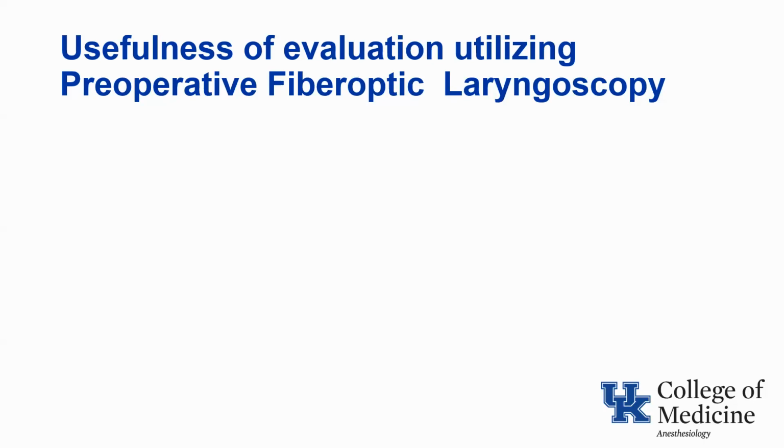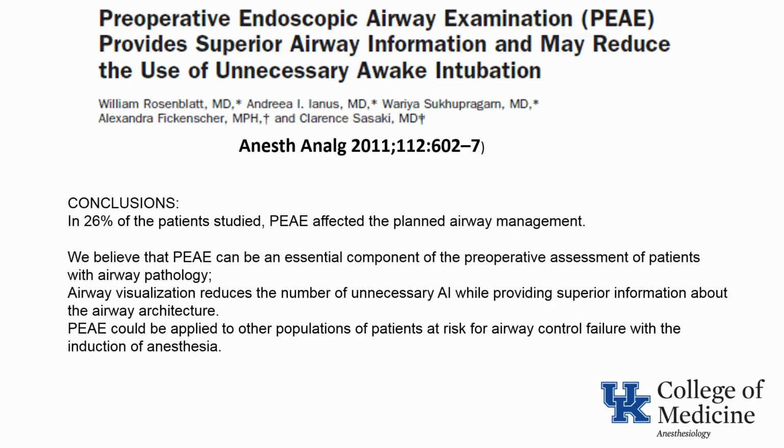Now, something that is probably underutilized but needs your consideration and, I think, application is the usefulness of a pre-op fiberoptic laryngoscopy. This was nicely proposed by Rosenblatt in this article in Anesthesia and Analgesia.